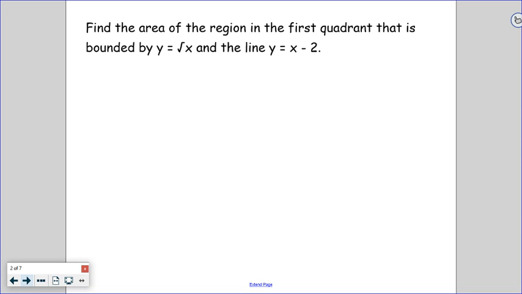Something like the following: find the area of the region in the first quadrant that is bounded by y equals the square root of x and the line y equals x minus 2.